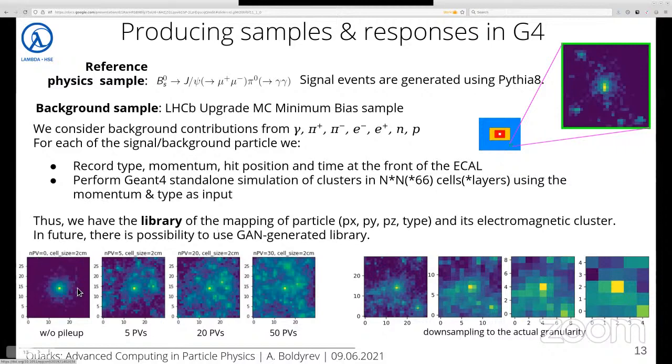In these 4 images on the bottom left, you can see how we can represent the events in the calorimeter clusters, from the very left, without pile-up conditions, up to the pile-up conditions for LHCb after its upgrade. And on the right side, you can see downsampling of these events to the actual granularity realized in the calorimeter.